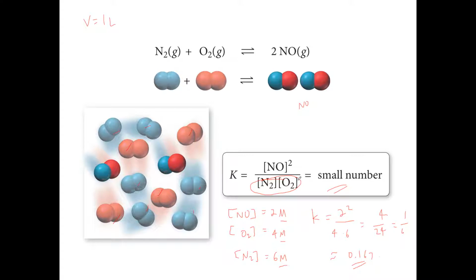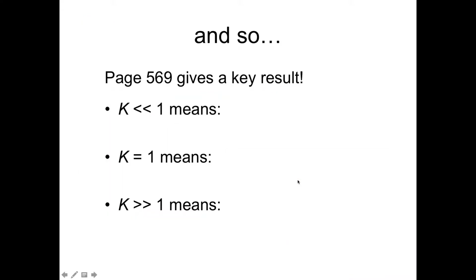This brings us then to a key result. Key result, if K is much smaller than 1, you should write this down. You should pause the video here at this point and say what that means. If K is much smaller than 1, what does that mean?